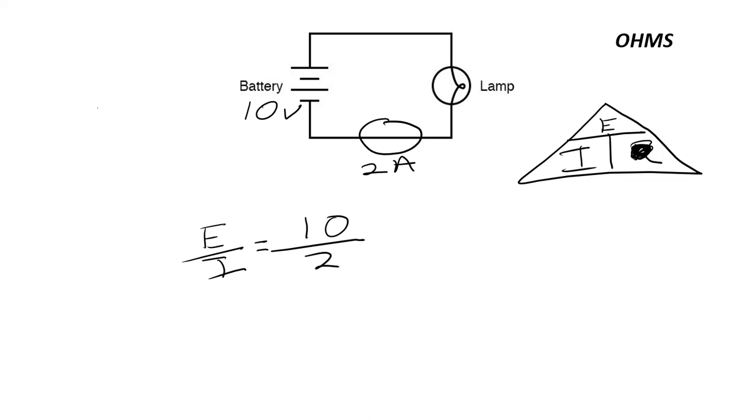And 10 divided by 2 equals 5. And since I was looking for ohms, I can put 5 omegas, or 5 ohms. All right? So you can see now that having 2 of any of these values right here, I can always find the third one.